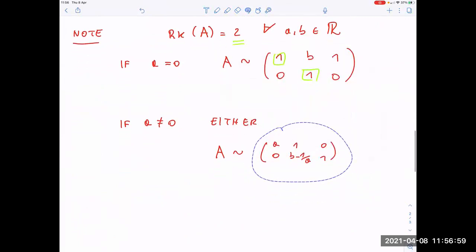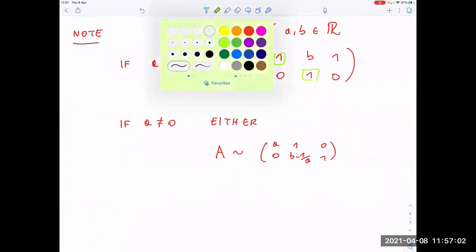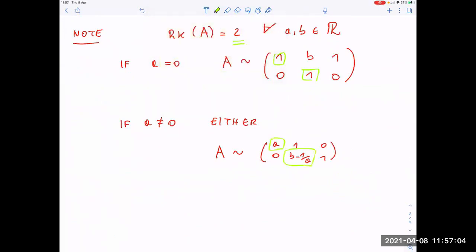So either it is row equivalent to this one with markers A, which is not 0, and this one, which we assume is not 0, or A is row equivalent to a matrix like this, A, 1, 0, 0, 0, 1. And again, there are 2 non-zero rows in the row reduced form, and so the rank is always 2. No matter what happens to A and B, the rank of this matrix is always equal to 2. No question about that.